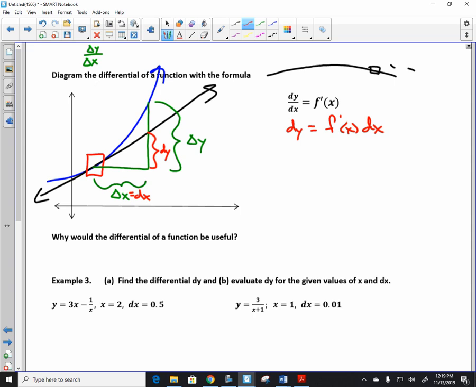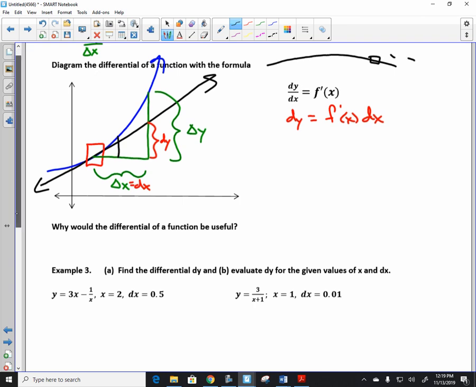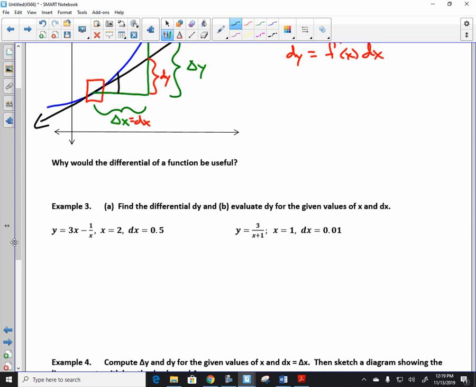Would you agree that dy and delta y are definitely not the same in this situation? But would you also agree that if I move closer to this red window there, dy and delta y get a lot closer together? So why would the differential of a function be useful?